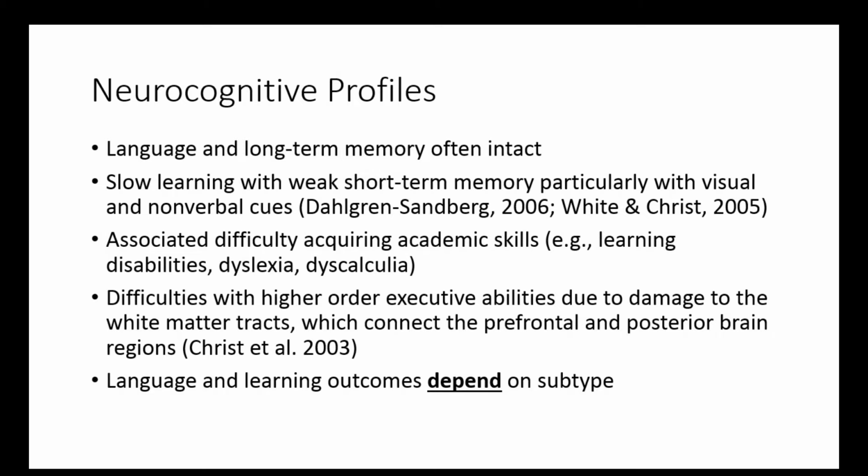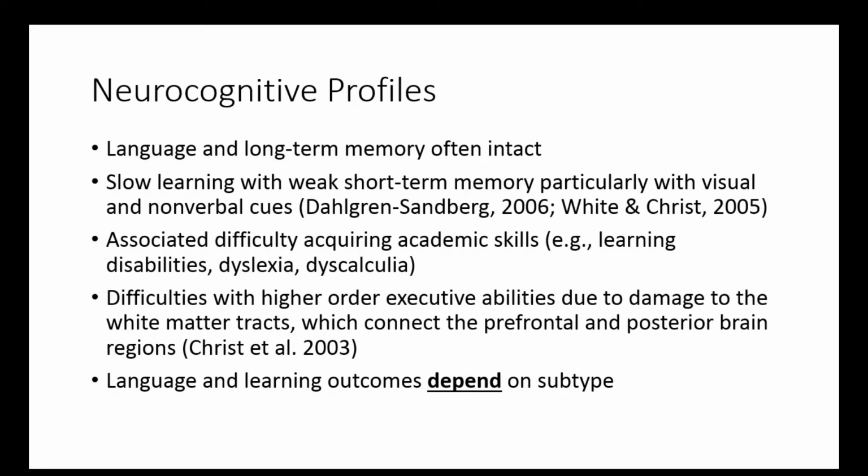As we talked about, language is often preserved. The brain's an incredible organ. It does almost everything it possibly can to preserve language, because that's a critical way that we communicate. So often reorganization will happen.